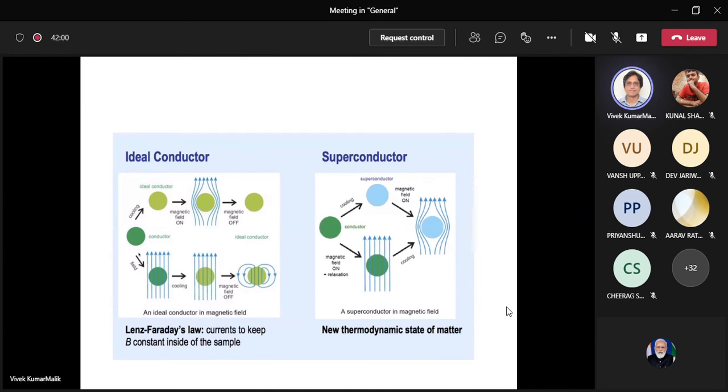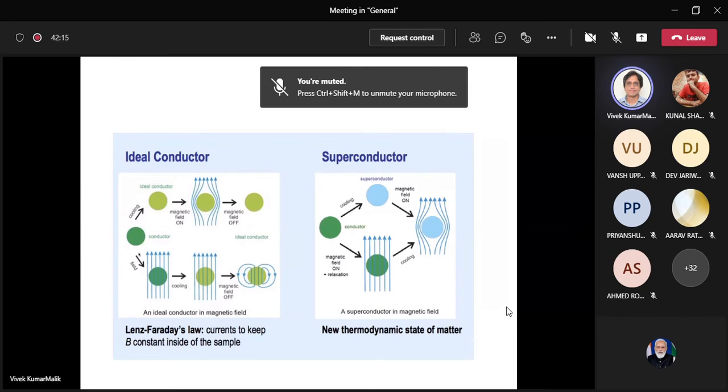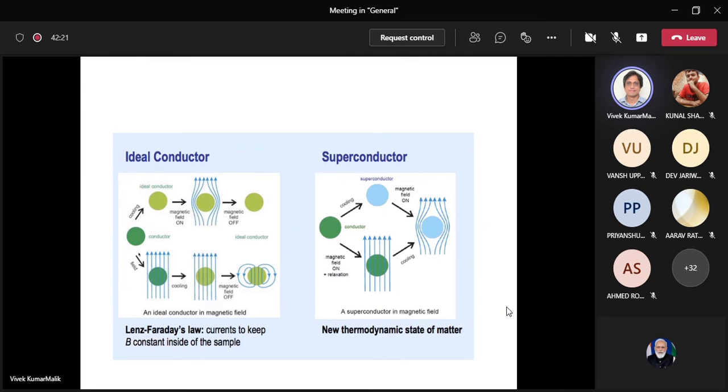If you apply the field first, that means downwards in time, you apply the field, so the field lines would penetrate it. Then you start cooling it, and field lines would still penetrate because nothing is changing in the superconducting state. So this light green at the bottom represents the superconducting state. You start cooling, it would be a superconductor, but nothing would change.